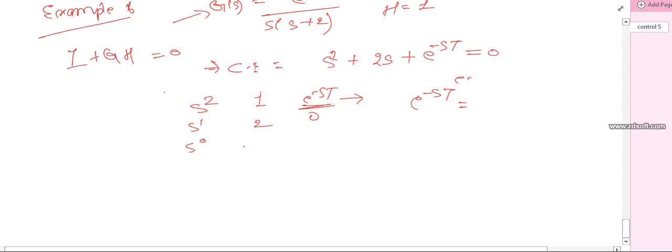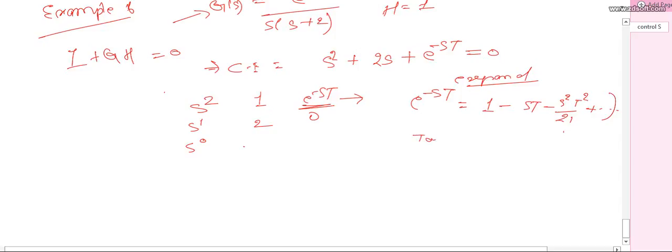Expand it. It's not as tough as it looks. Expand it: 1 minus sT minus s square T square by 2 factorial, and so on.